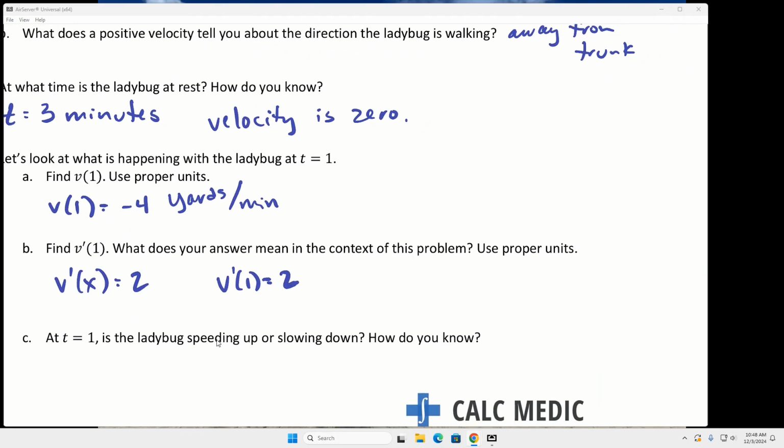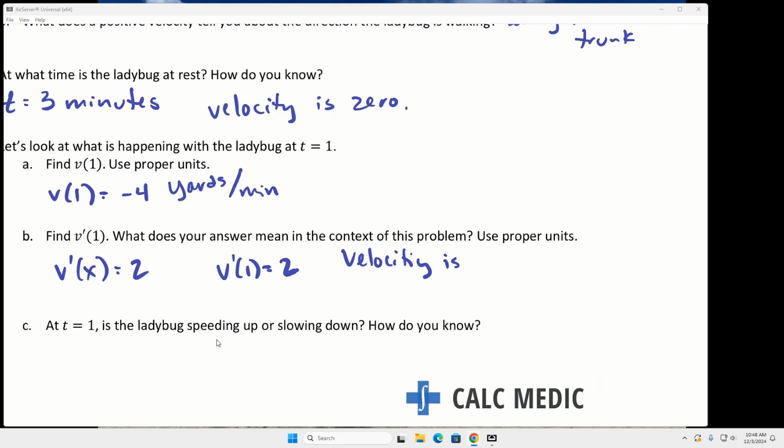All right, let us interpret this. So if we're doing v prime of 1, what is changing? Right, the rate of change of velocity. Would you say increasing or decreasing?